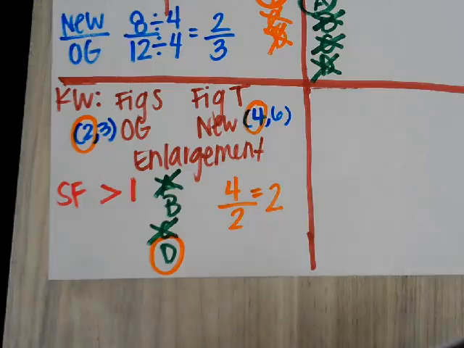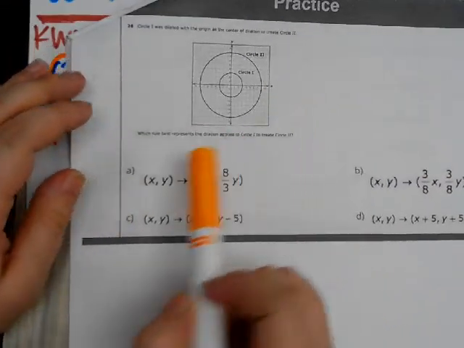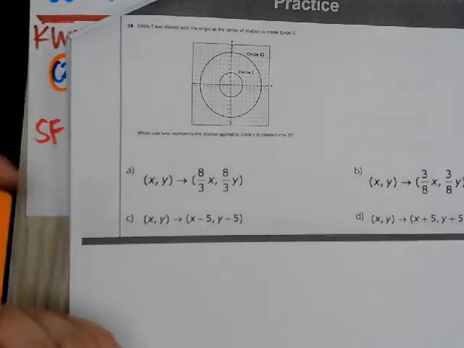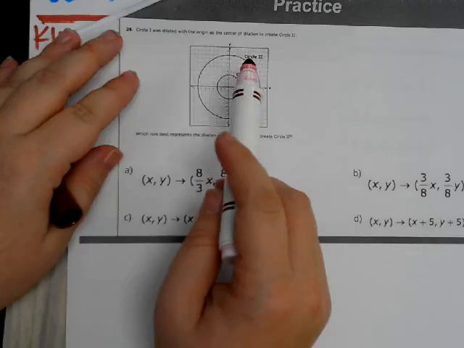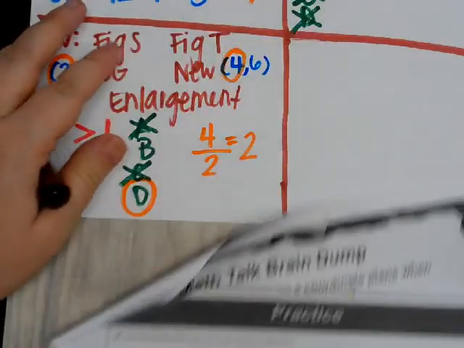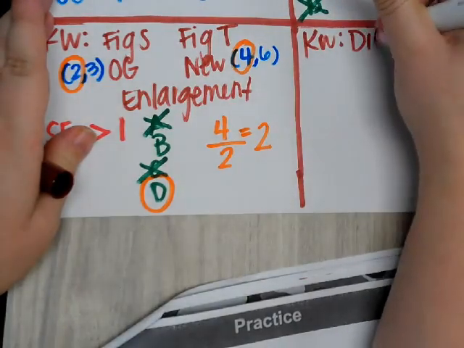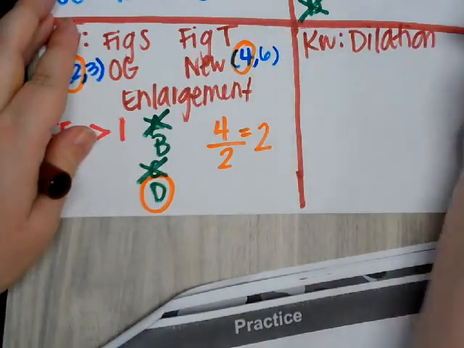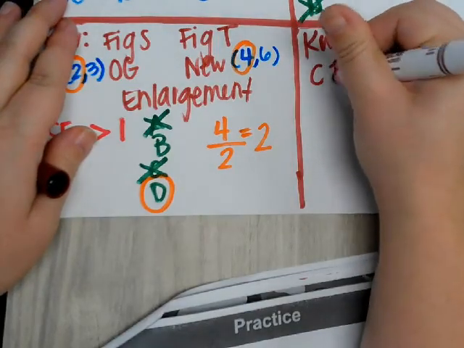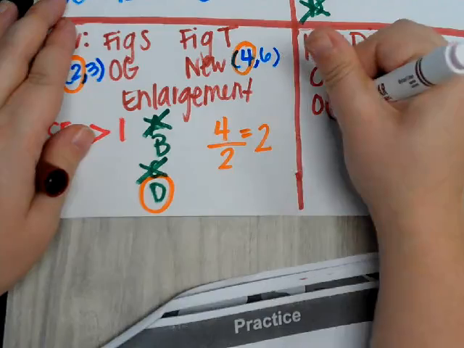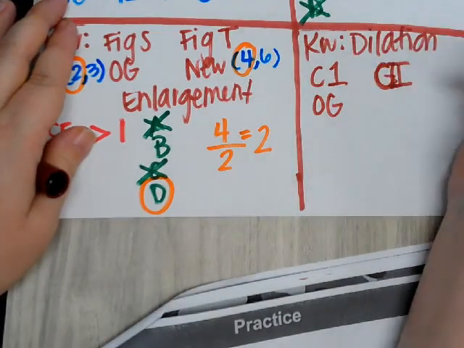Two more, you guys, and then y'all play quizzes. Okay, it's a dilation. Circle 1 was dilated with the origin as the center to create circle 2. So, key words, we know it's dilation. Circle 1 is my original. Circle 2 is my new.